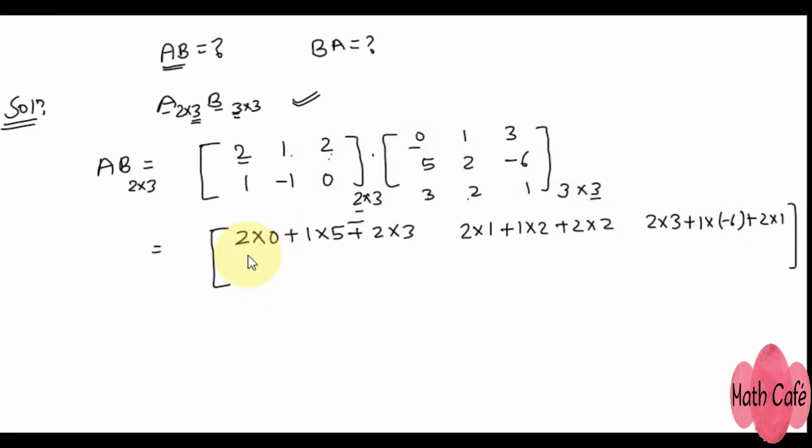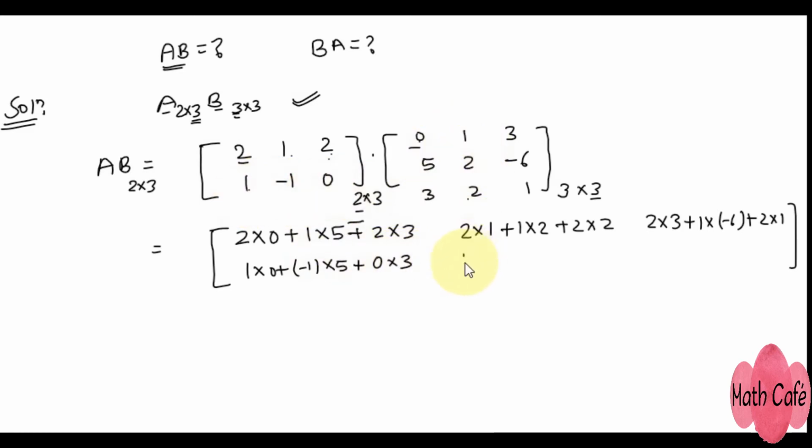In the second row, we will get 1 multiplied by 0 plus minus 1 multiplied by 5 plus 0 multiplied by 3. Alright, and the second row will be multiplied by the second column.